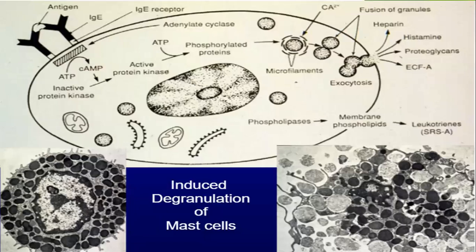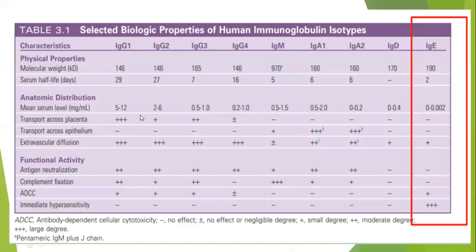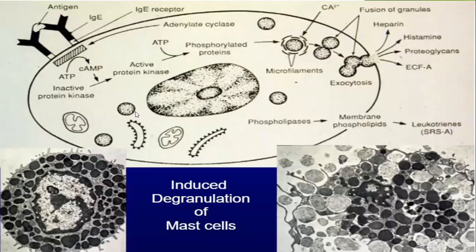Okay, and here basically we show the structure of a mast cell. And as you can see on the top there, we've got the immunoglobulin E antibody, which has bound to an antigen.